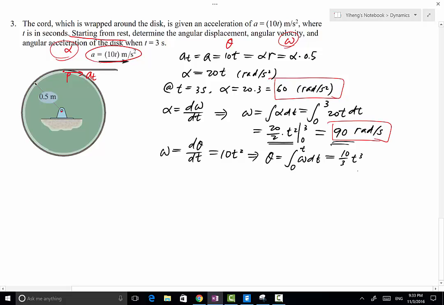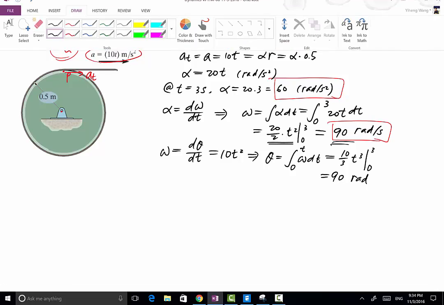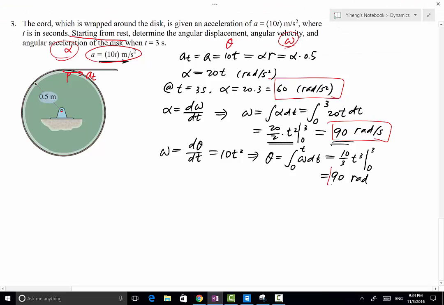So that is the theta as a function of time. But here, because we are evaluating theta at t equals 3 seconds, we evaluate it from 0 to 3, and that equals 90 in the unit of radian. So now we have answered all three parts of this problem.